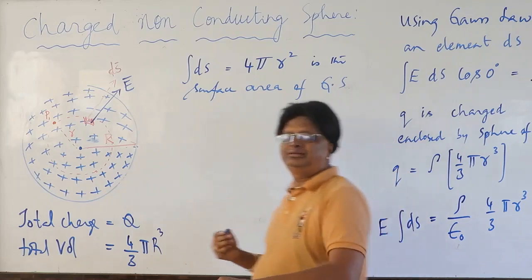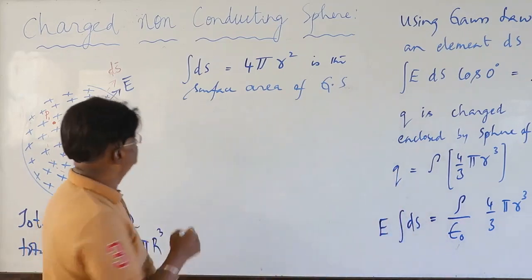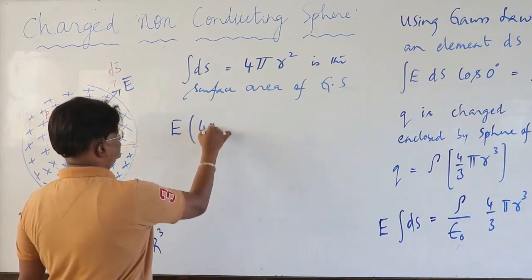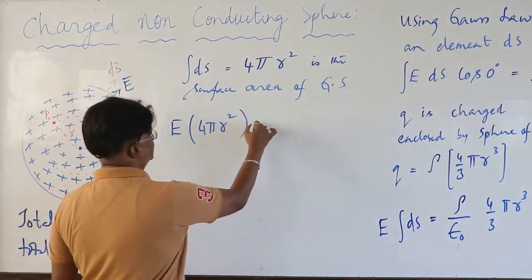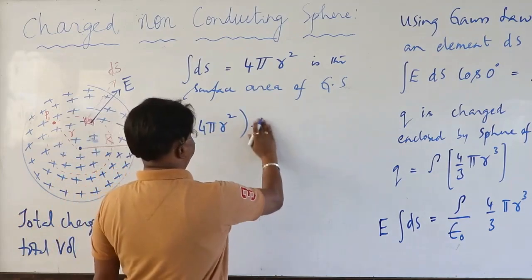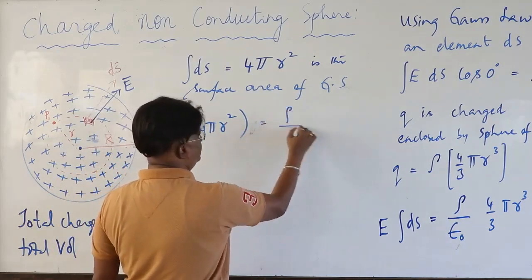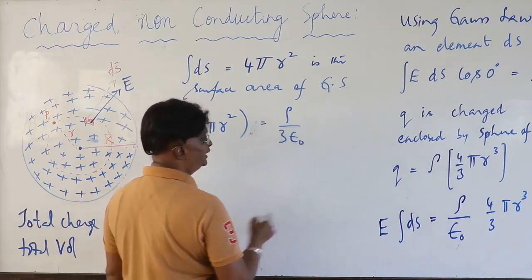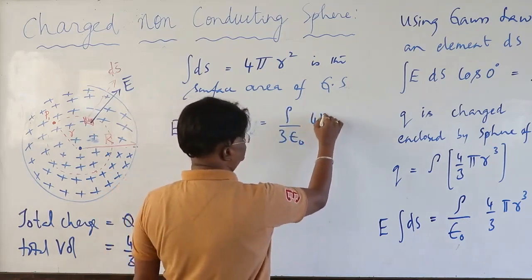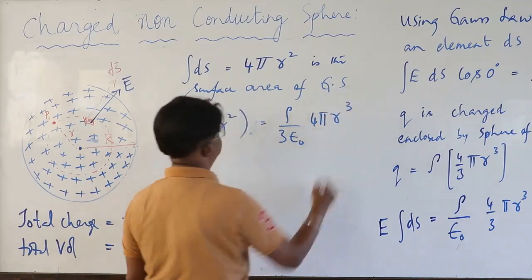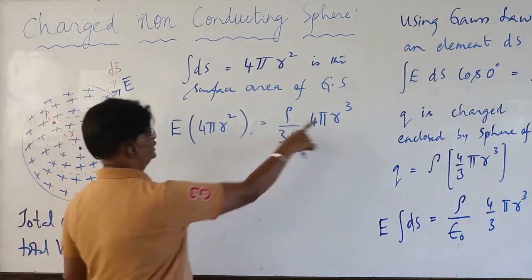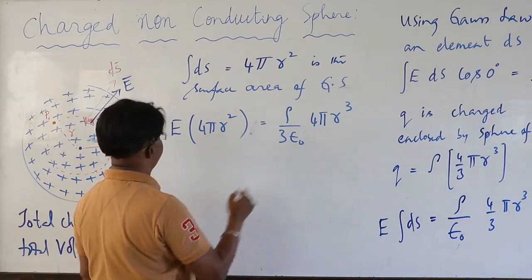Now substitute the values, right? E times 4 pi small r square is rho by 3 epsilon naught times 4 pi r cube, right? So in the final answer you will see r square and r cube, and 4 pi cancel.